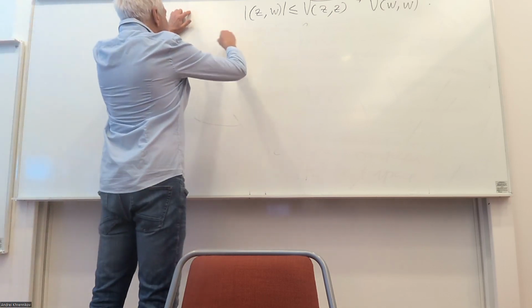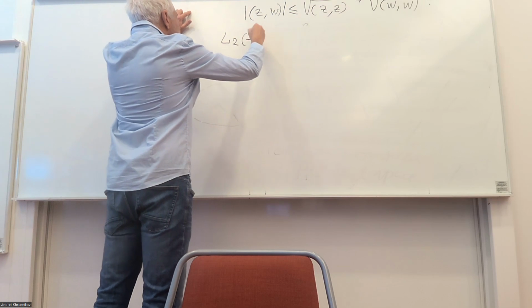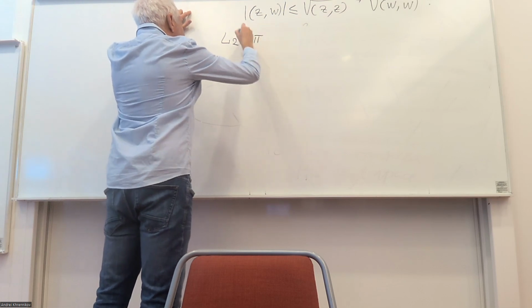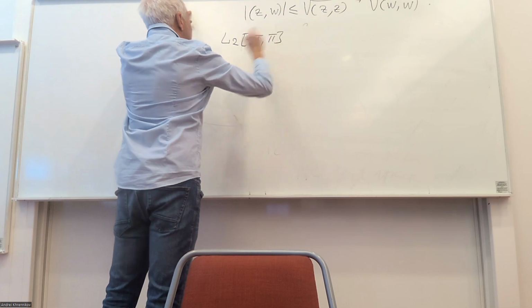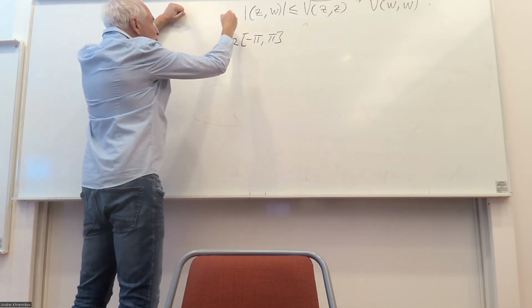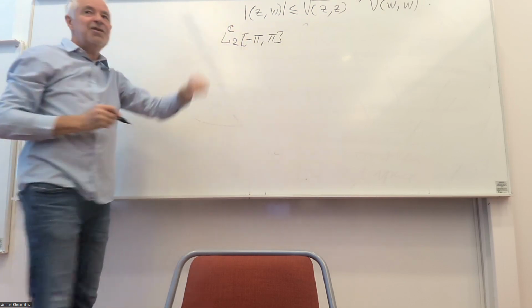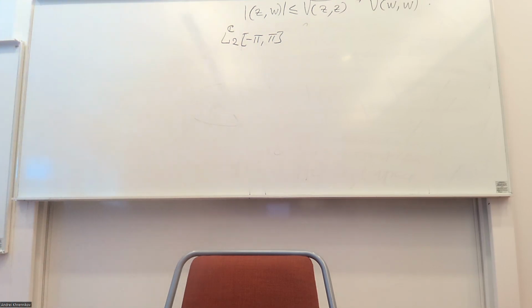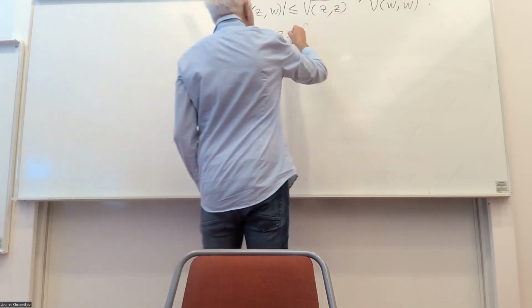Nevertheless, now consider L2 of minus pi to pi. You can write complex here, but typically we will not write complex, just have in mind that now we start to consider complex valued functions.